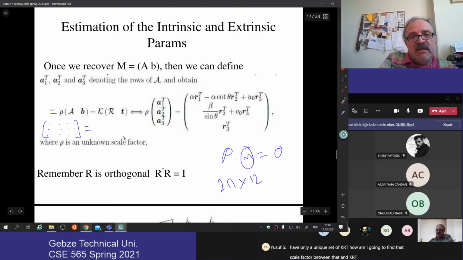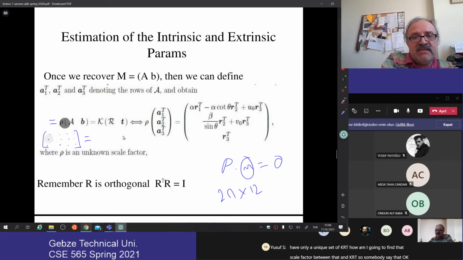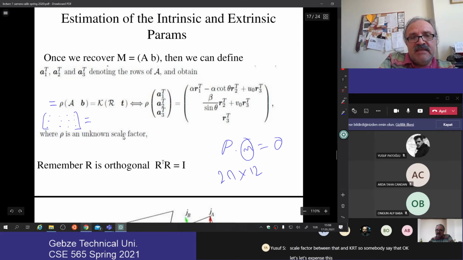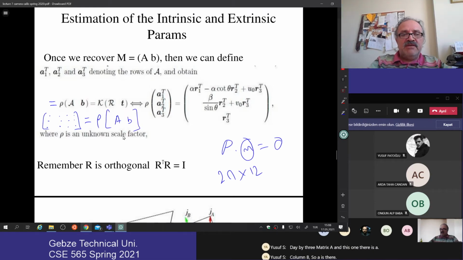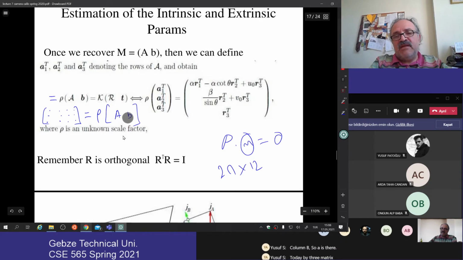So somebody said that, okay, let's express this as rho times A B. There is a matrix A, a 3 by 3 matrix, and there is a column B. So A is a 3 by 3 matrix, B is a 3 element vector.